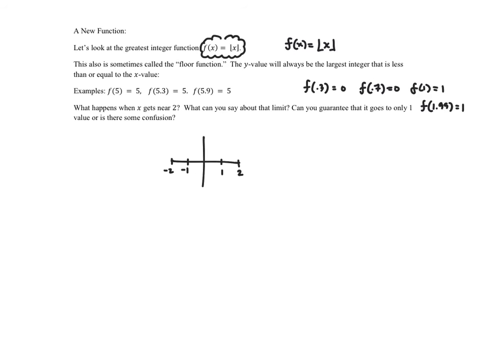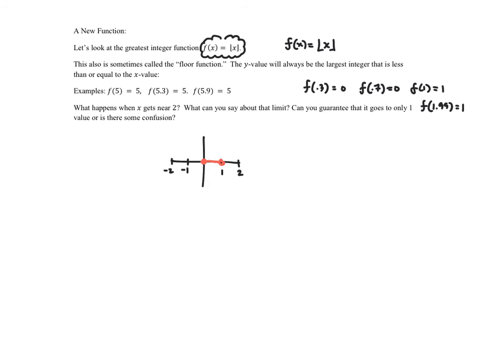So what the greatest integer function will look like is a set of steps. So let me use a different color here. Let's go red. Any number greater than or equal to 0 and less than 1 will map to 0.